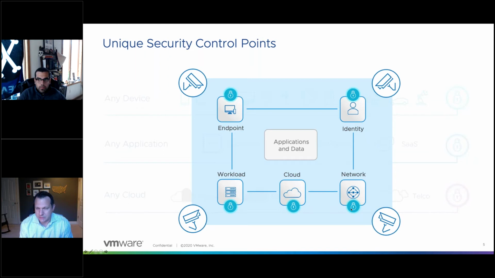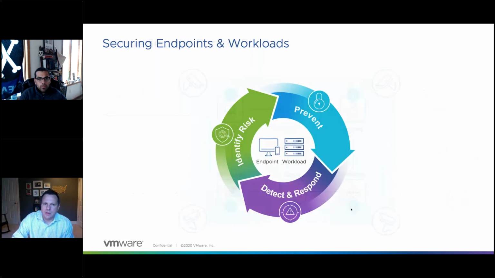And even in cases where you can deploy agents, you don't necessarily want to be subjected to the level of performance impact or concern with running an agent in an operating system the way you are with an endpoint. So at the end of the day, the core message here is workloads typically require a slightly different methodology for getting control. And we'll talk about that as we go through.